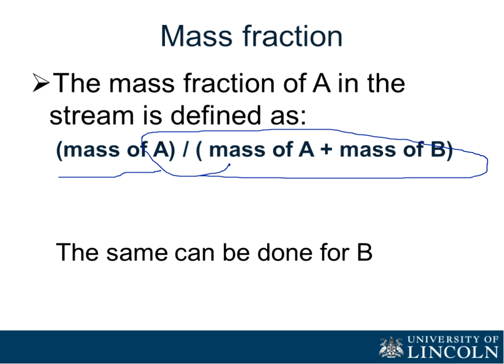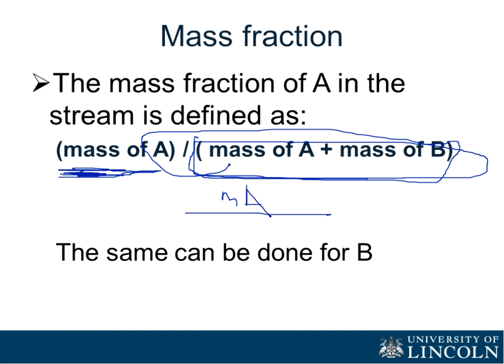This is the total mass, so the total mass is the denominator. The mass fraction that we are interested in is the one in the numerator. So the mass fraction of A will be the mass of A all over the total mass. So take note of that.